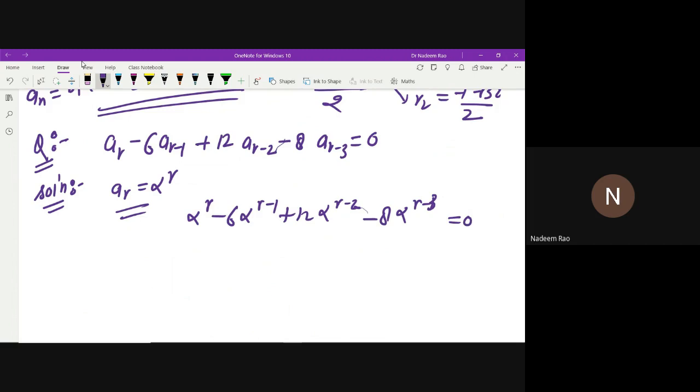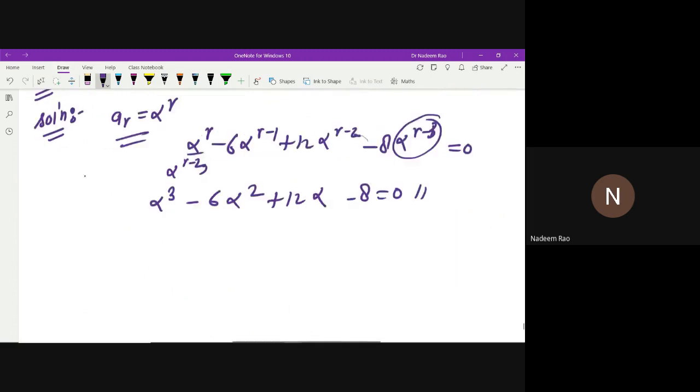So dividing the complete equation by alpha^(r-3), because the lowest power is alpha^(r-3), we will get alpha^3 - 6 alpha^2 + 12 alpha - 8 = 0. So it's a cubic equation.